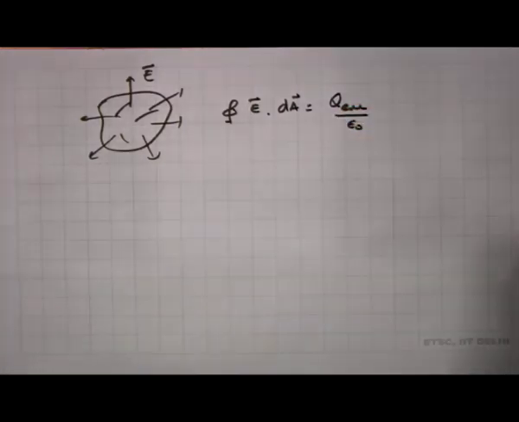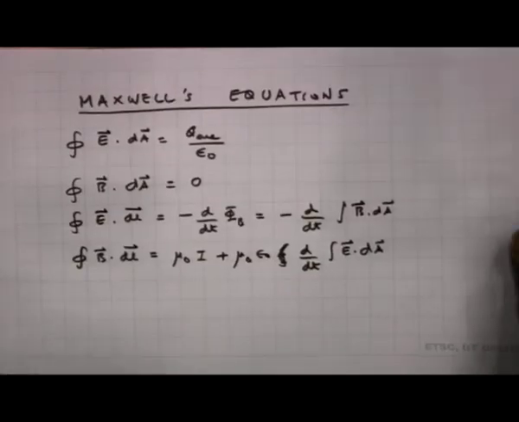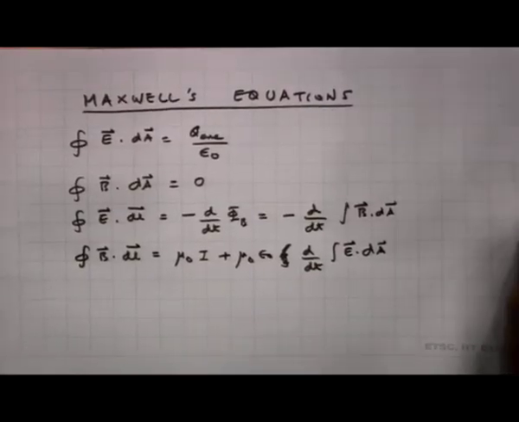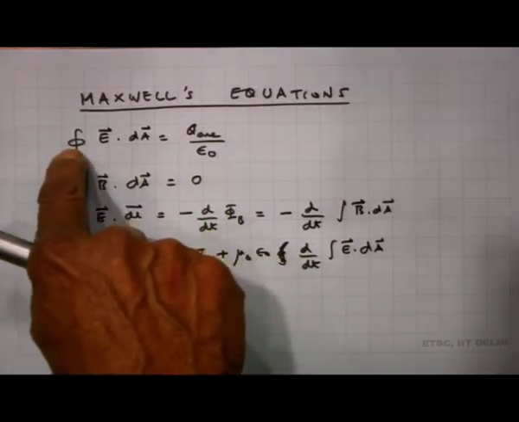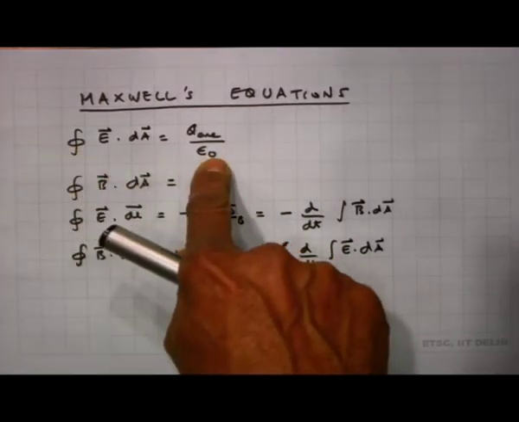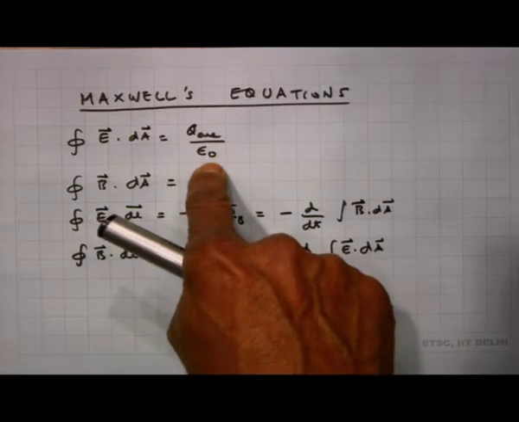So, the first equation says that the net electric flux coming out from a closed surface must be equal to the charge enclosed divided by epsilon 0.